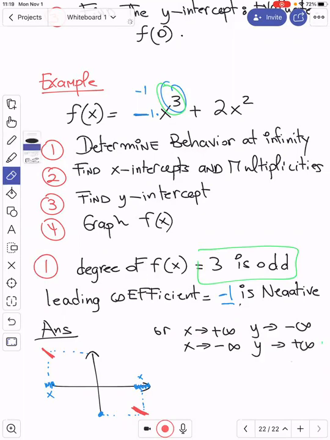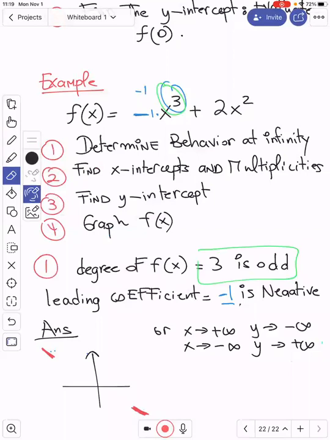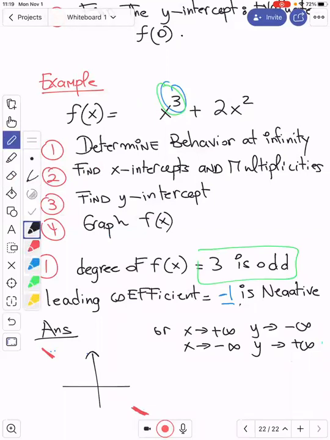Professor, I have a question. Yes. I'm going to just erase this. For the leading coefficient, the negative, is that because it's a minus x cubed? Yes. It was minus x cubed, right?